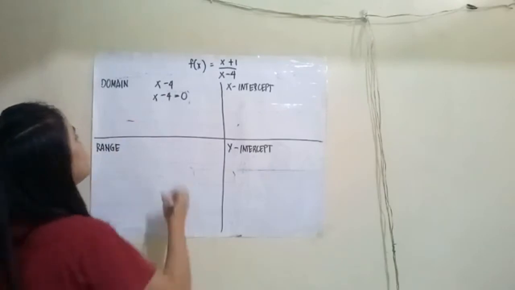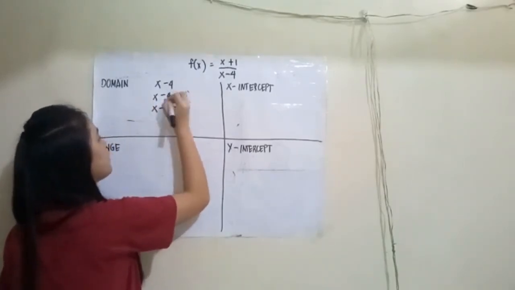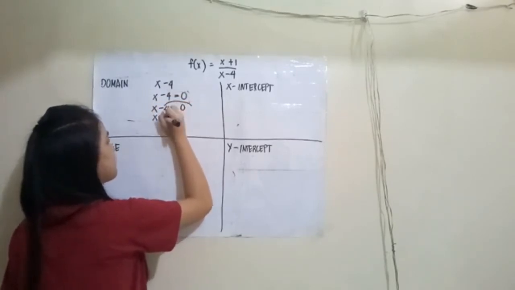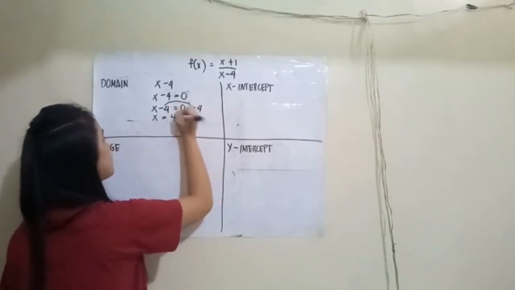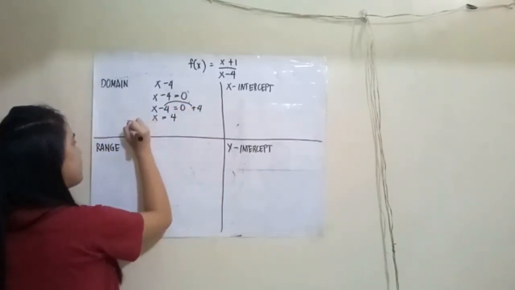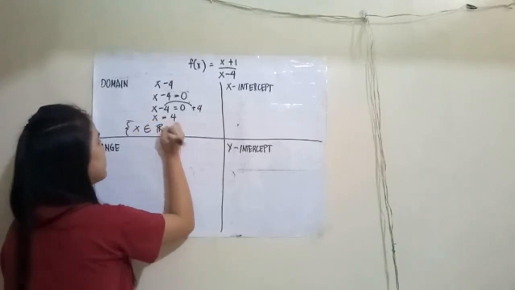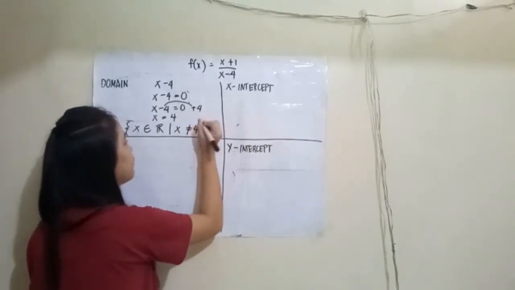So x minus 4 is equal to 0, transposed, x is equal to 4. So our domain will be the set of all real numbers such that x is not equal to 4.